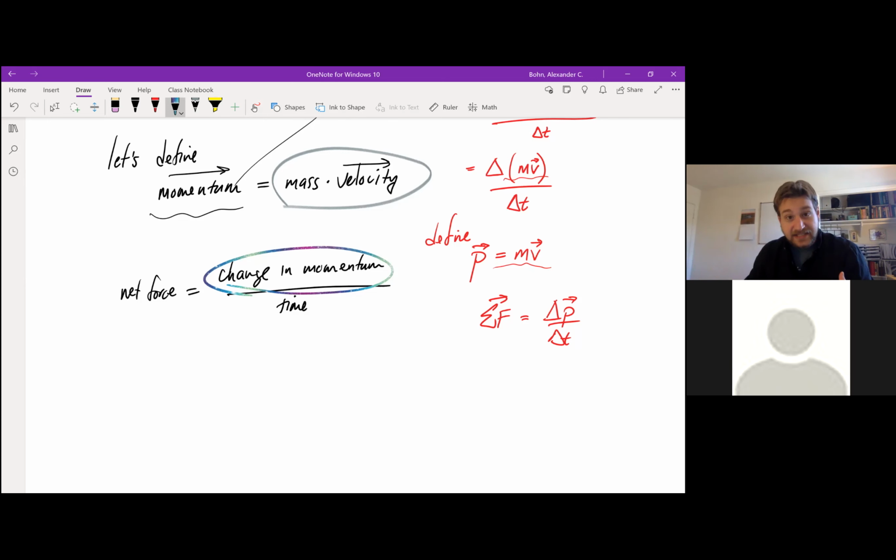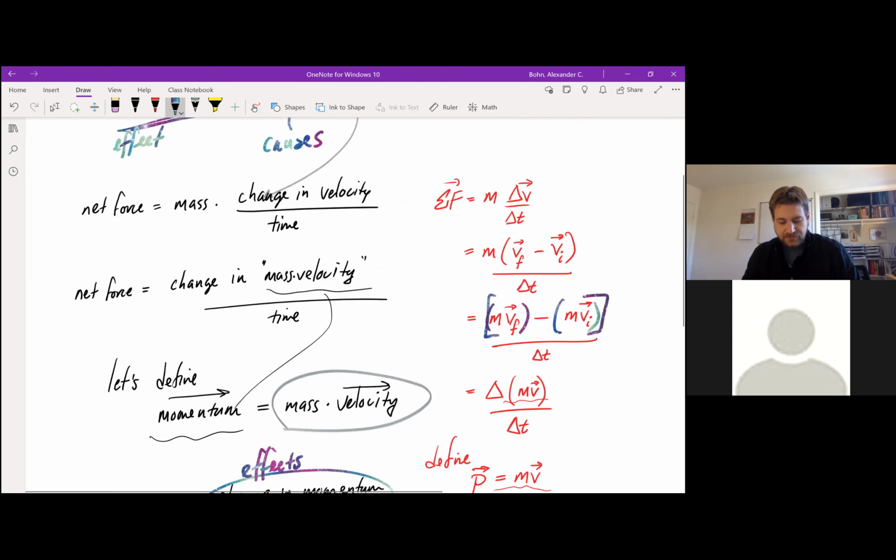They must be as a result of a particular net force. So we're still talking about the effects and relating them to the cause.